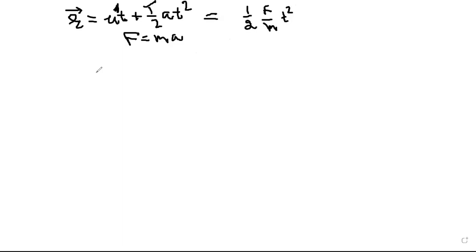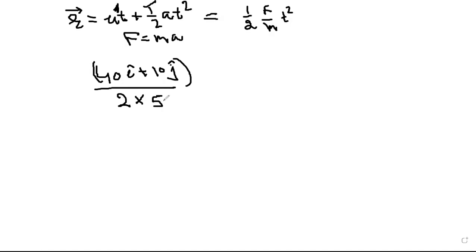F is given: 40i plus 10j Newton, divided by 2, and mass is given as 5 kilogram.